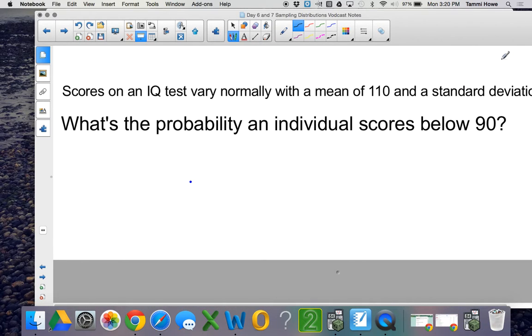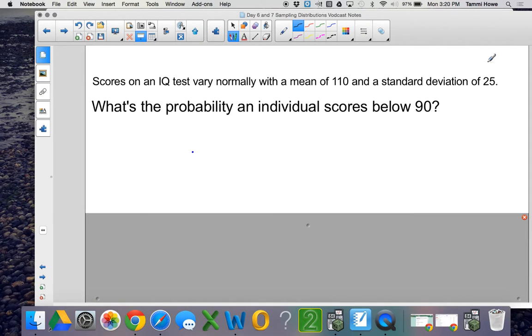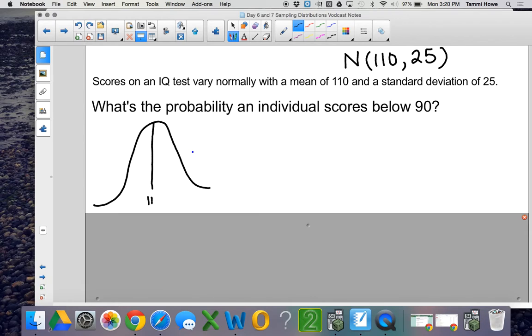We had previously done this example where we were looking at IQ scores, and so we had things that were normally distributed with a mean of 110 and a standard deviation of 25. We've done this problem before, so I'm just going to go through it fairly quickly. We labeled 110. We're looking for scores below 90, so we labeled 90, and we shaded.